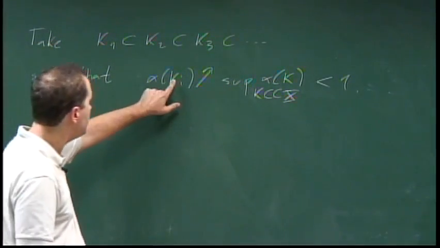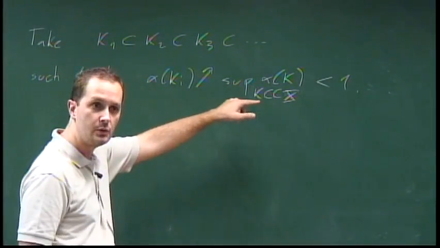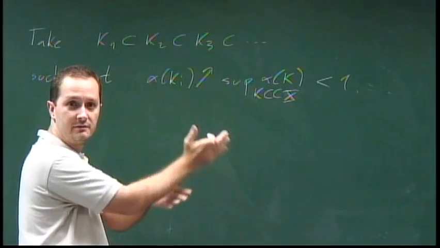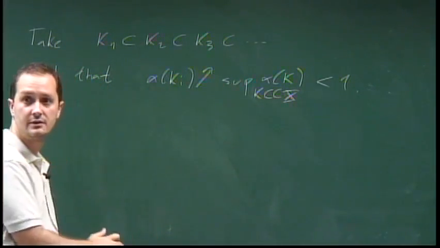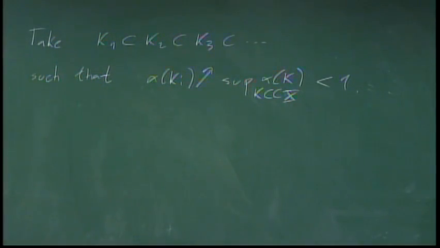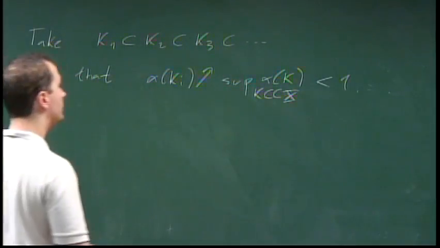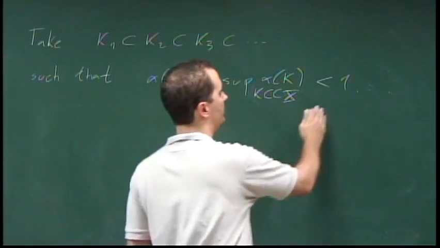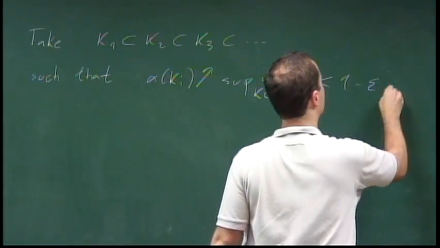You take any sequence such that alpha K_i converges to the sup, and then you make it nested, so you just take the unions of the sets. And let's say it's less than 1 minus epsilon.